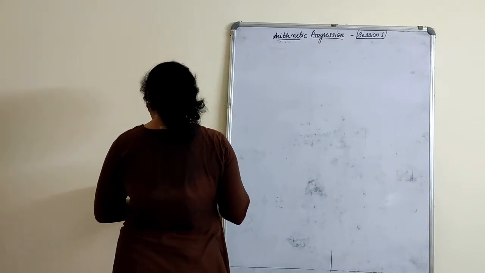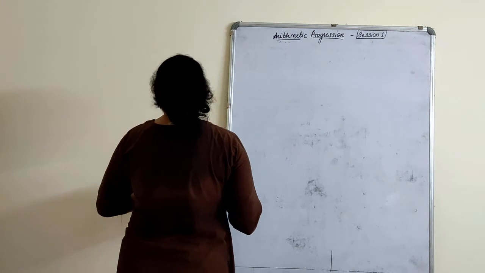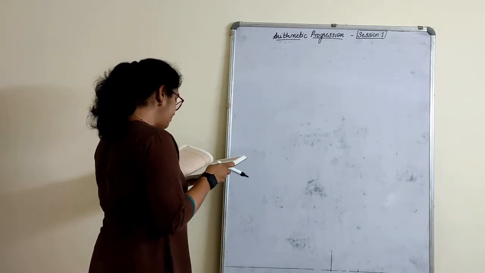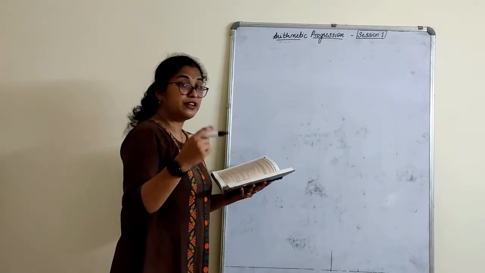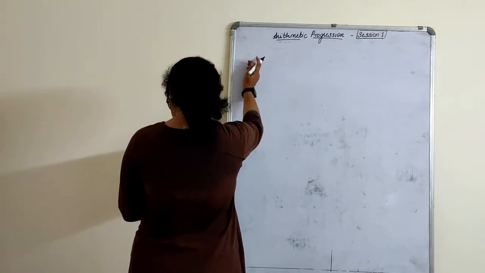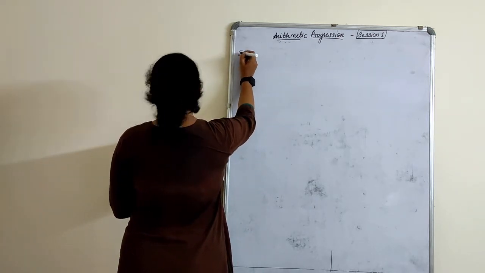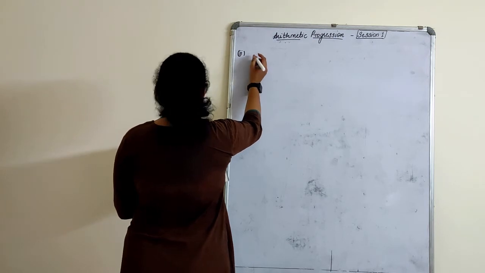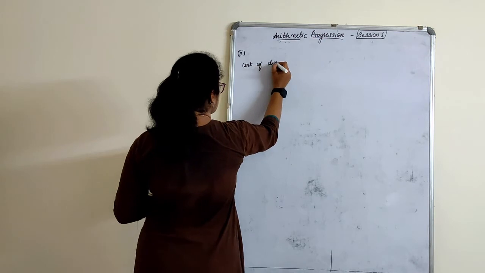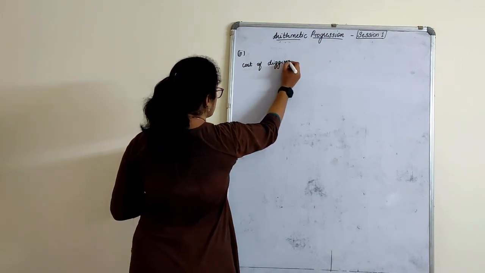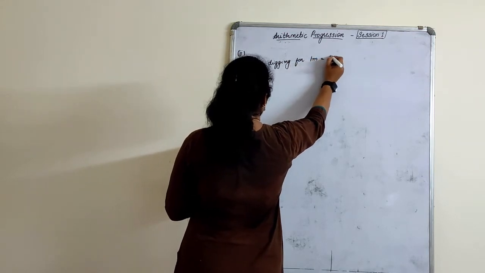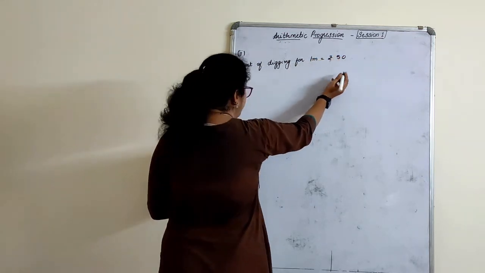The cost of digging a well. So here the question is, the cost of digging a well after every meter of digging, when it costs ₹150 for the first meter and rises by ₹50 for each subsequent meter. When you read the question, you feel that yes, it is in AP. So the third one. I will write here first, cost of digging for 1 meter is ₹150.